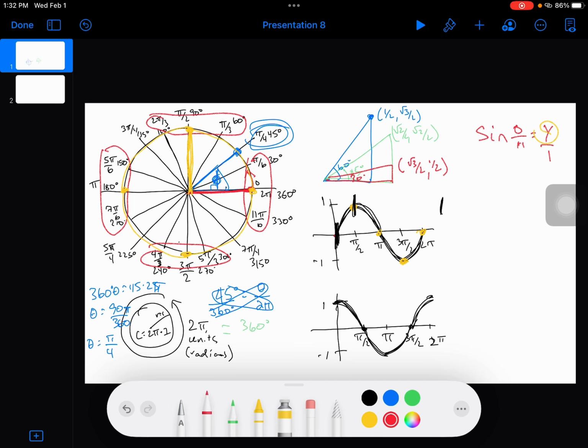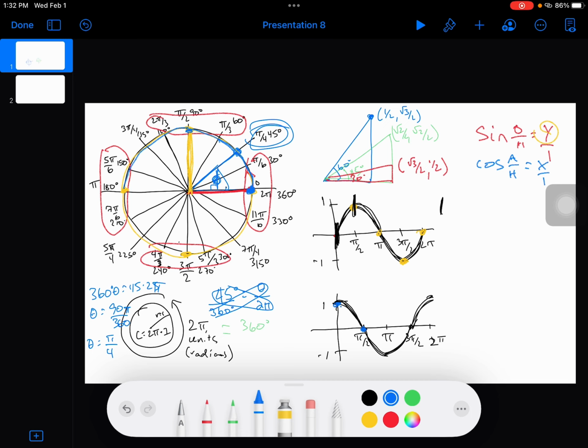Because recall that the cosine is the adjacent over hypotenuse, which in this case is the x divided by 1. So if we're starting at 0 on the x-axis and moving counterclockwise, the x when we're at 0 is up at 1, and then we're moving counterclockwise to pi over 2 or 90 degrees, where there is no x, we're right there on the y-axis.